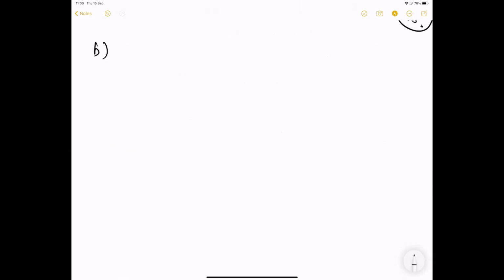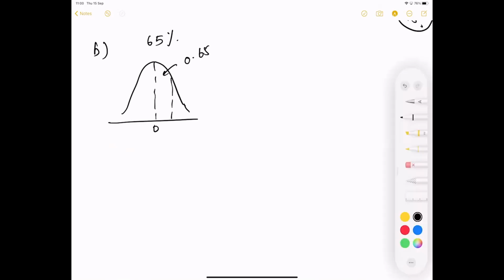What is the question? The area to the right of z is 65%. Oh, sorry, I made a mistake. I will explain it again.